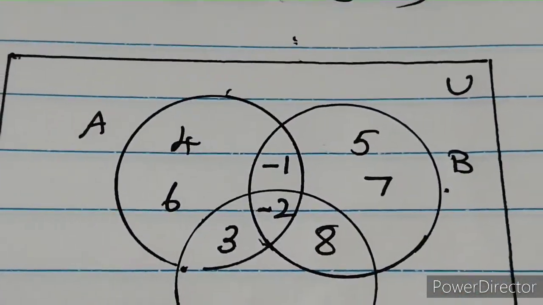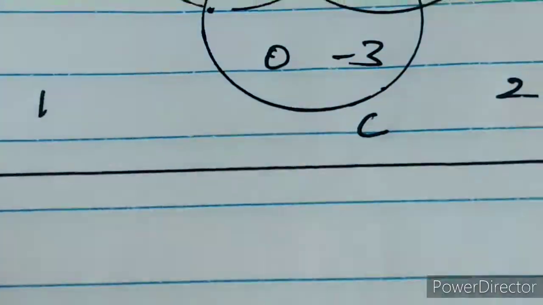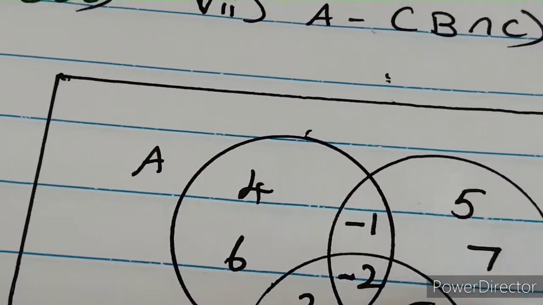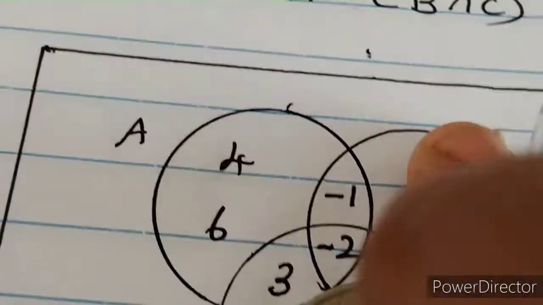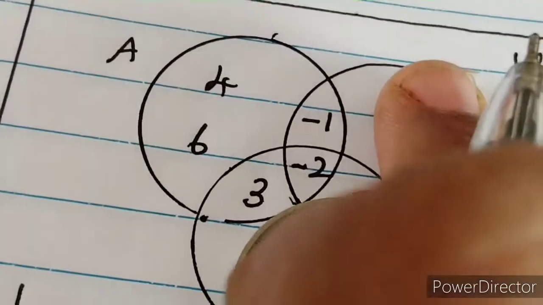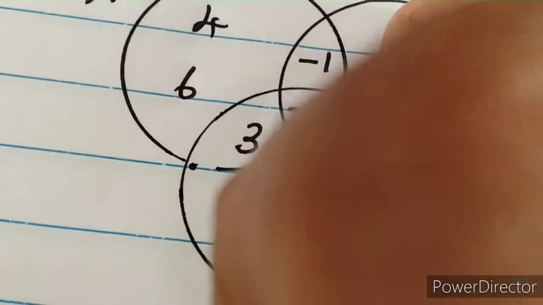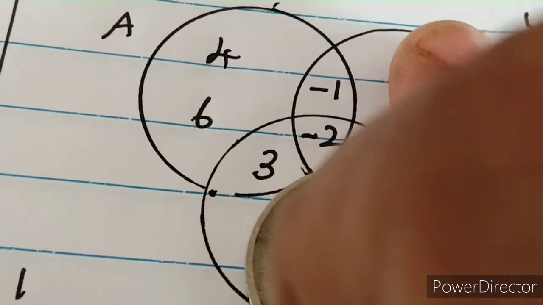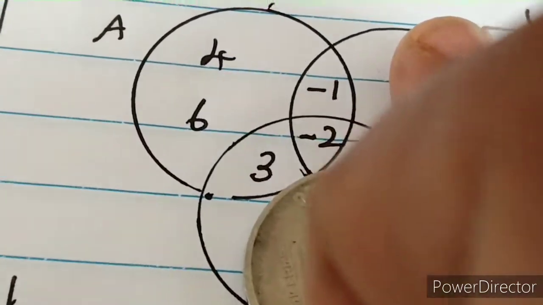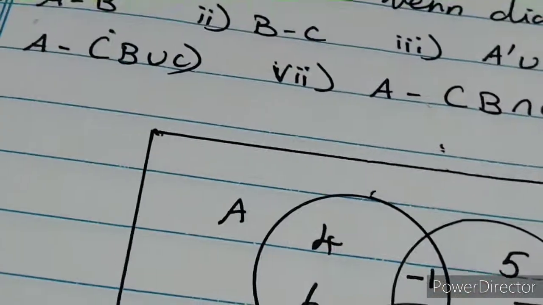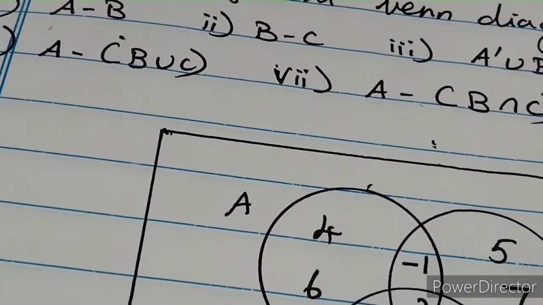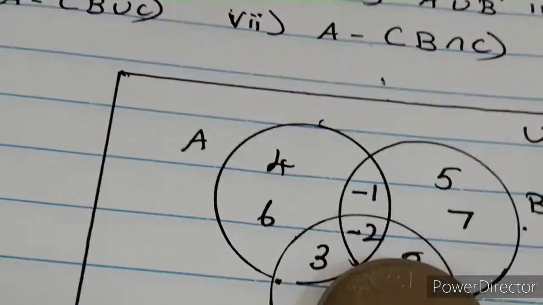So first, write what are the elements present in A. If you close the other circles B and C, you can get -1, -2, 3, 4 and 6 as the elements present in A. So write it down: -2, -1, 3, 4 and 6.